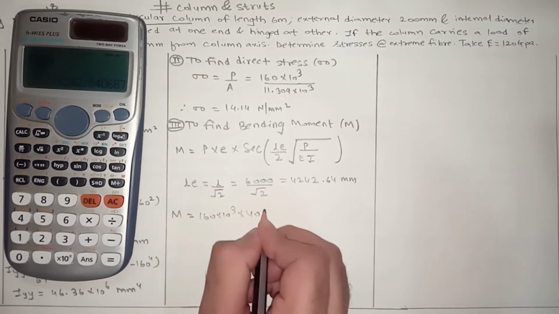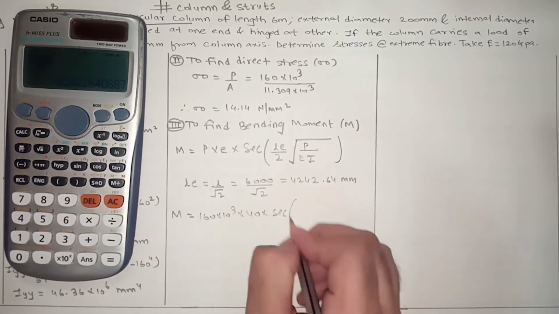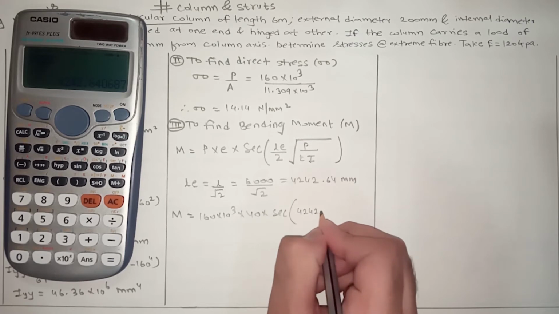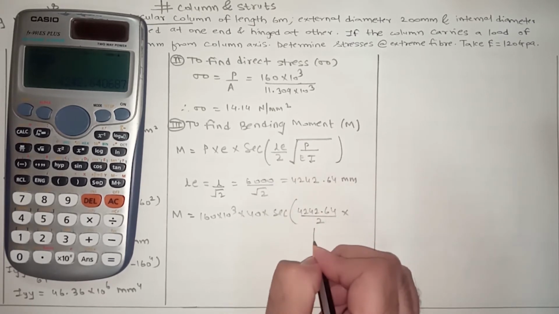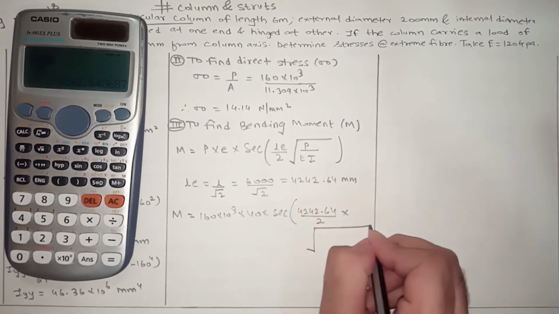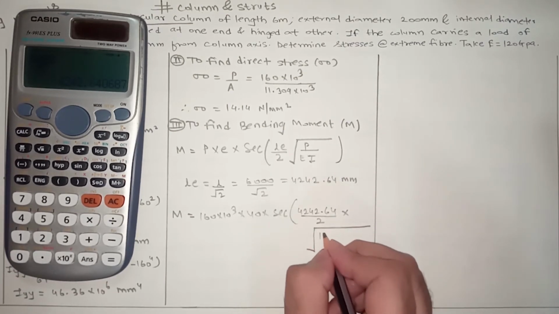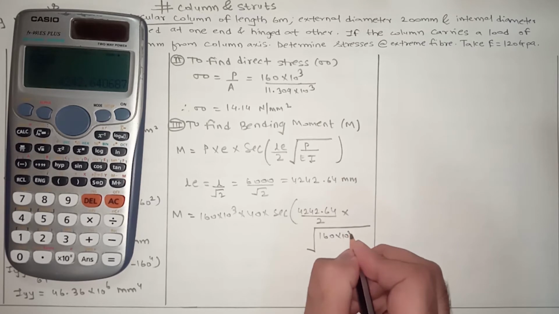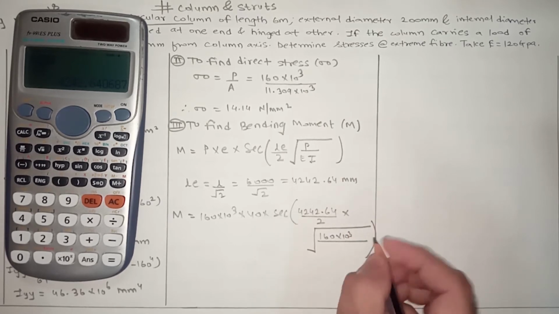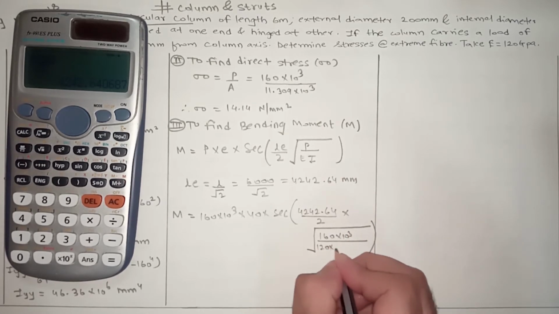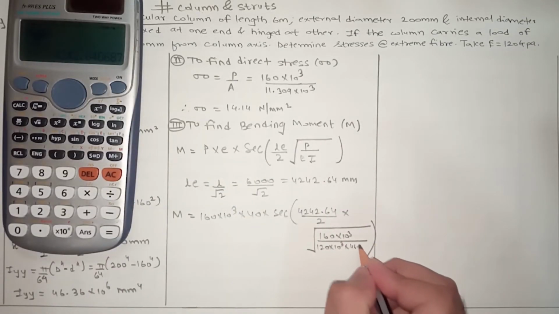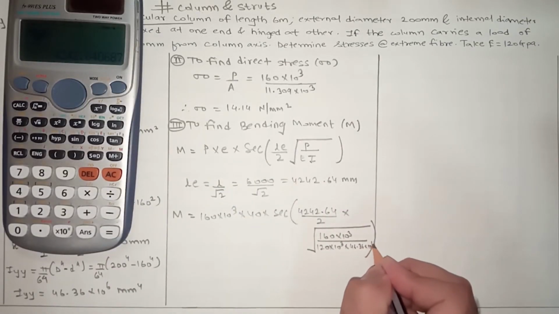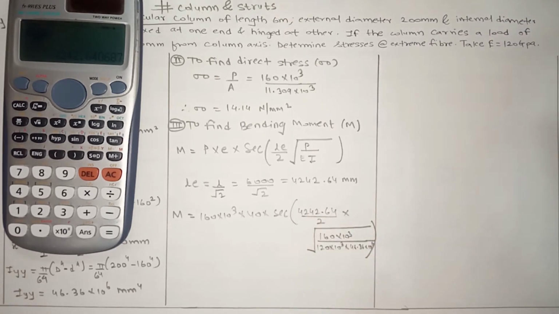So P is 160 into 10 raised to 3, e is 40, sec of LE, 4242.64 divided by 2 into under root of 160 into 10 raised to 3 upon EI. So E is 120 into 10 raised to 3 and I is 46.36 into 10 raised to 6. So let us calculate this value.